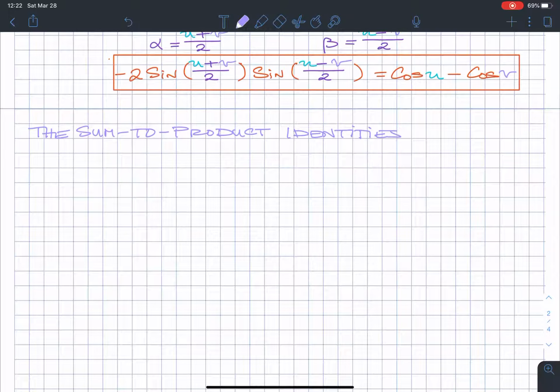Okay, spelling. Okay, so the first, cosine of u plus cosine of v, we found that to be 2 cosine of u plus v all over 2 times cosine of u minus v all over 2.